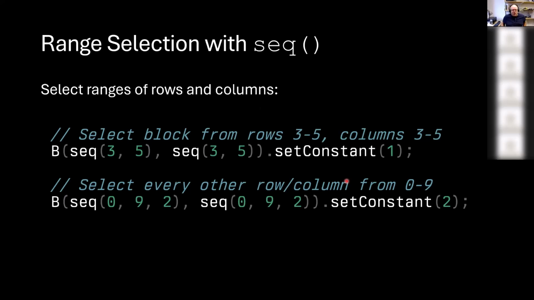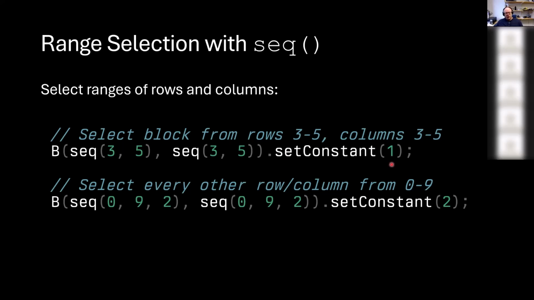I also discussed this earlier. You can also extract blocks of existing arrays using the sequence function. So for example, if you do B sequence 3 to 5, it will extract a block from rows 3 to 5 and columns 3 to 5. So basically you put them into the array access operator, and then you can assign certain parts of the matrix a value, for example.